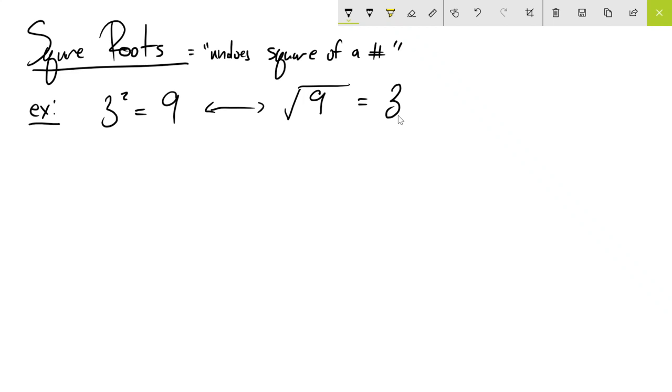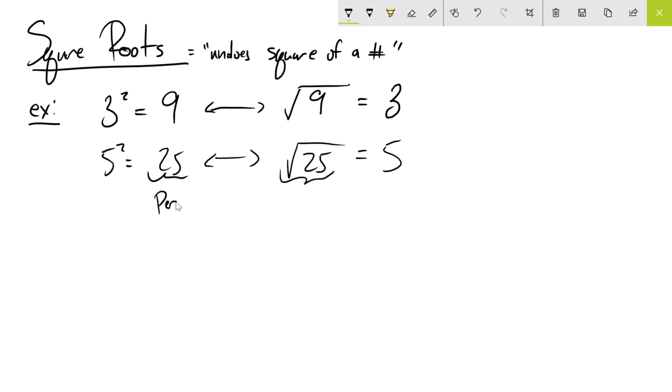Okay. So the same thing, what's 5 squared? 25. So then that means that 25 has a square root. What's the square root of 25? It's 5. Now numbers like 9 and 25 are numbers that we call perfect squares.